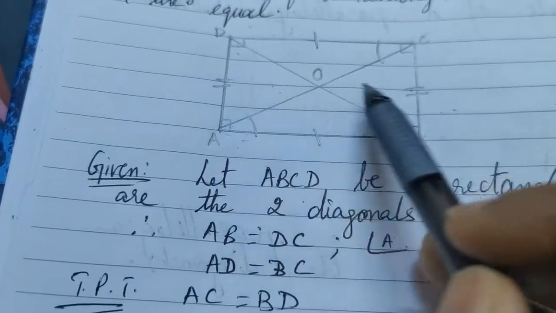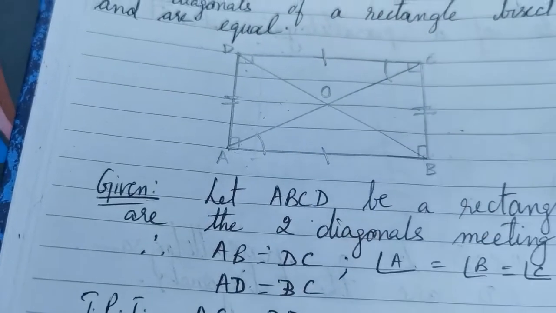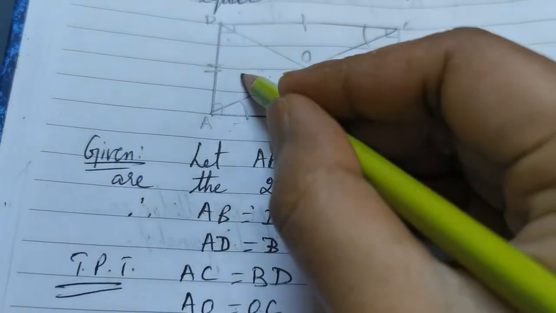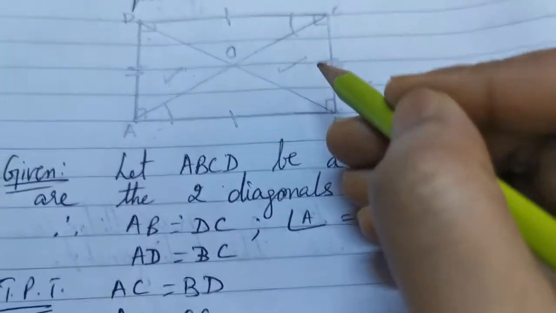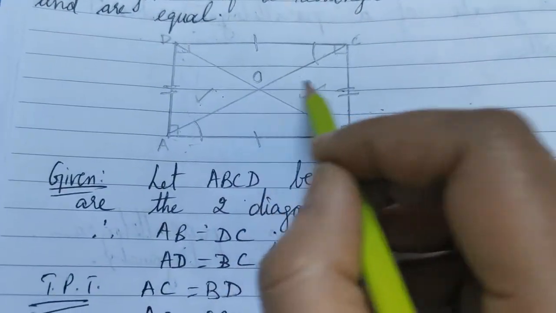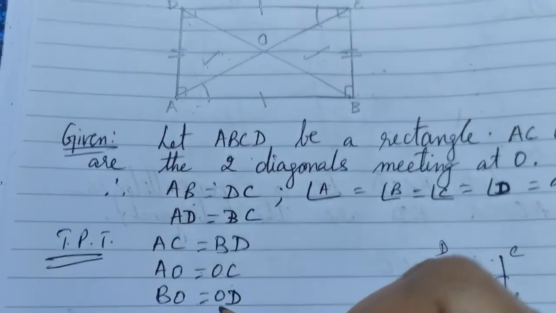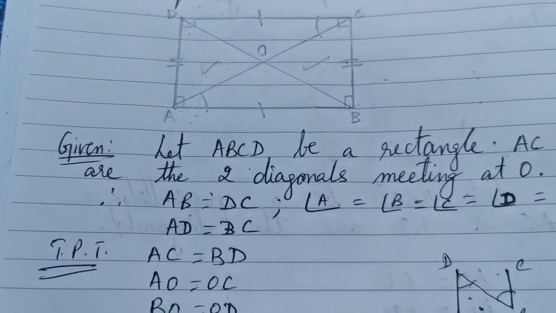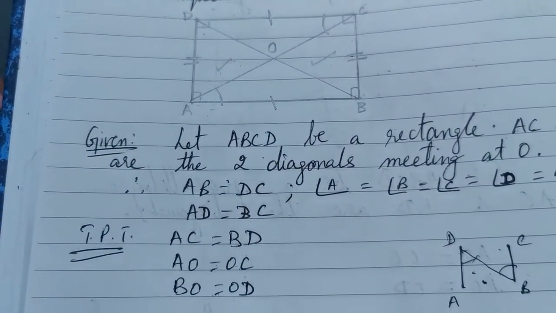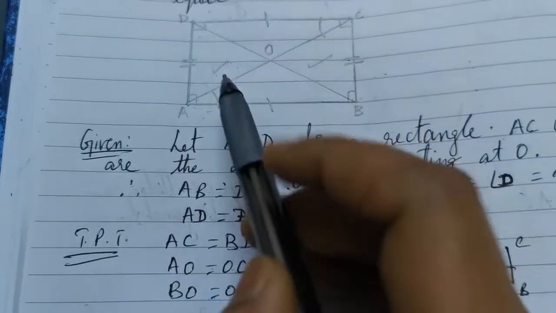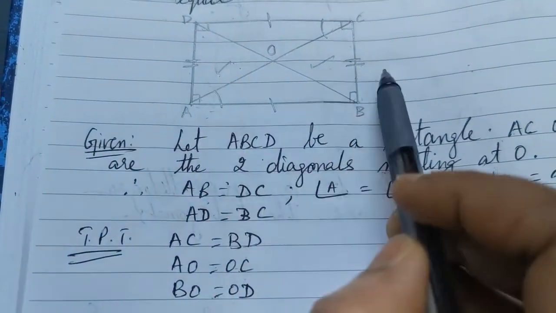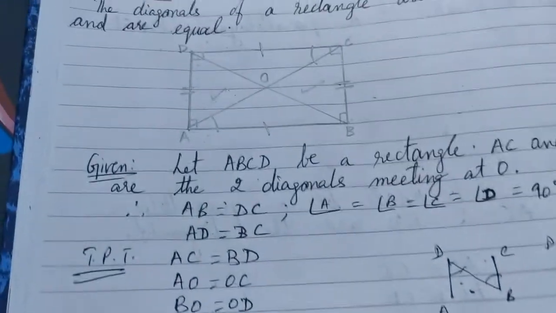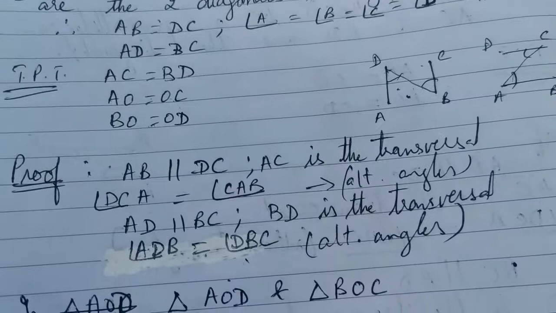So if I take this triangle and this triangle, I have all my four line segments AO, OC, BO, OD included in it. So when I compare them, I have the two opposite sides of a rectangle. So AD is equal to BC.